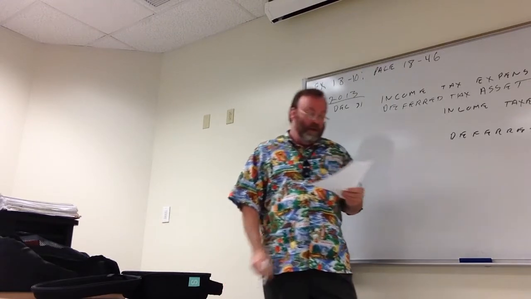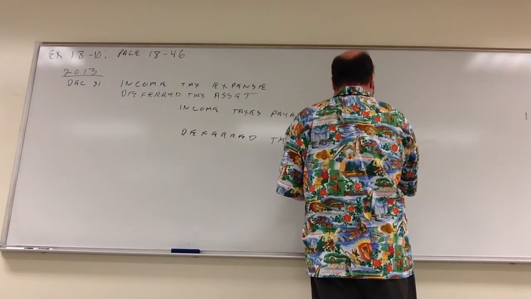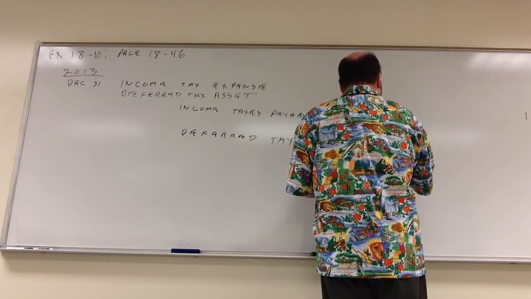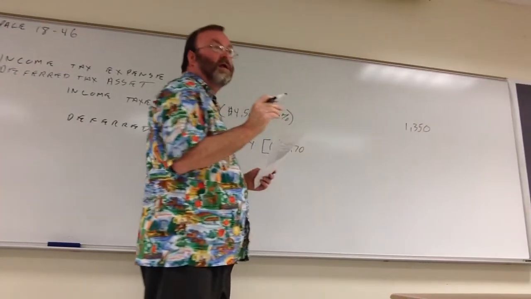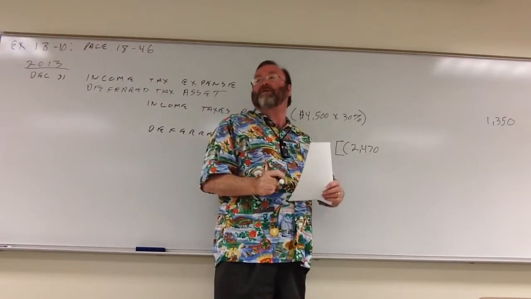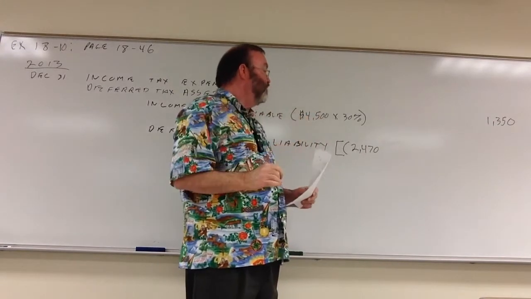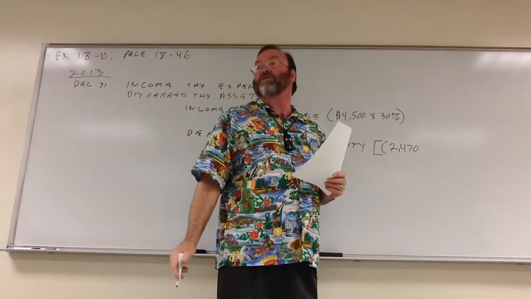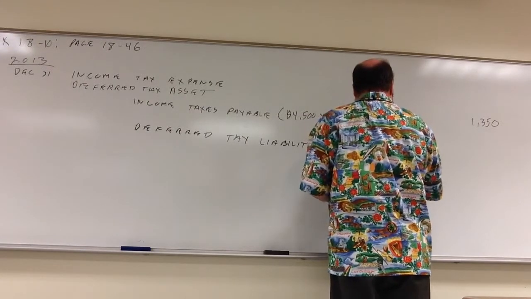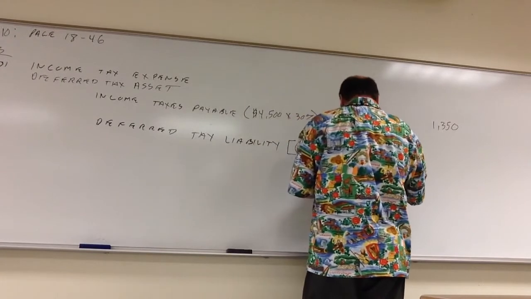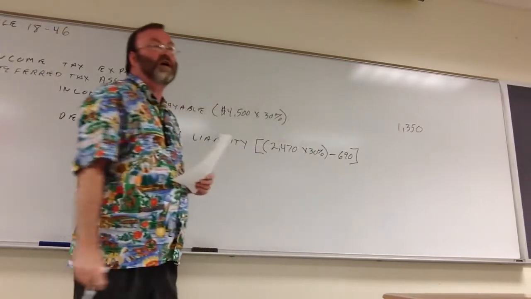All right? So starting with the liability, we're expecting a $2,470 liability sometime in the future. So we're going to pay more taxes on $2,470 sometime in the future. Times 30%. But we're then going to deduct the balance in the liability account, the $690.